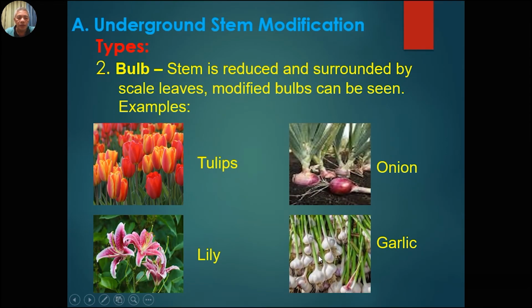Next type is bulb. Stem is reduced and surrounded by scale leaves. Modified bulbs can be seen in the case of tulips, as an example, water lily, onion, and garlic.